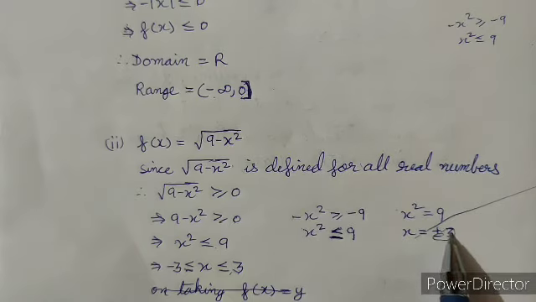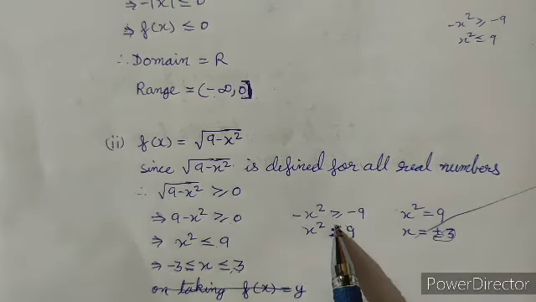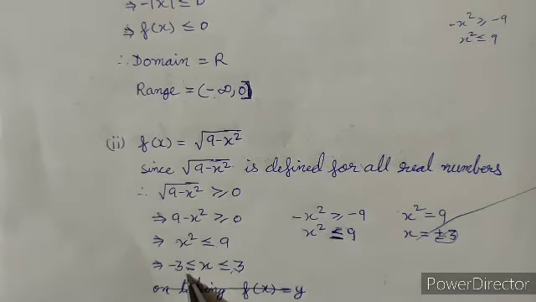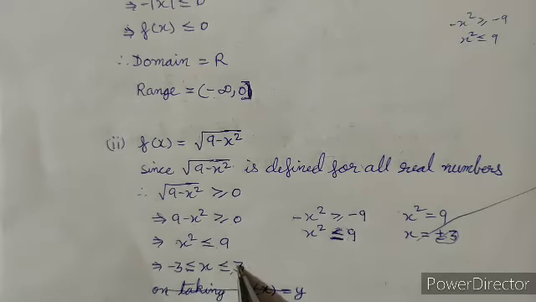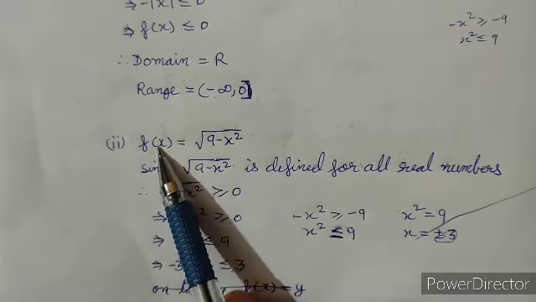For the negative sign, we change the sign of inequality, and for the positive sign, the sign of inequality remains the same. That means x will be less than or equal to 3 and greater than or equal to minus 3, or we can say the value of x will be from minus 3 to 3. And here x is the domain.